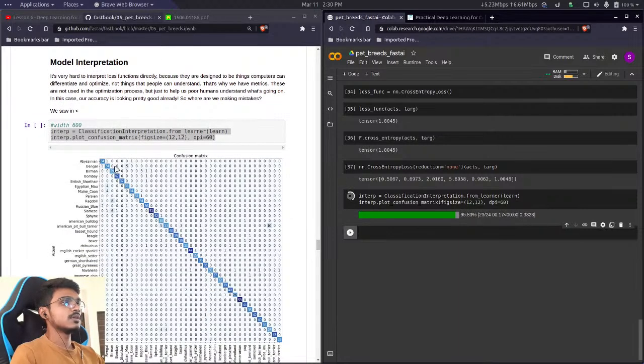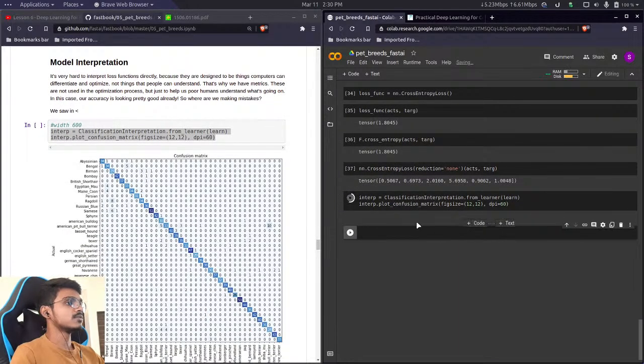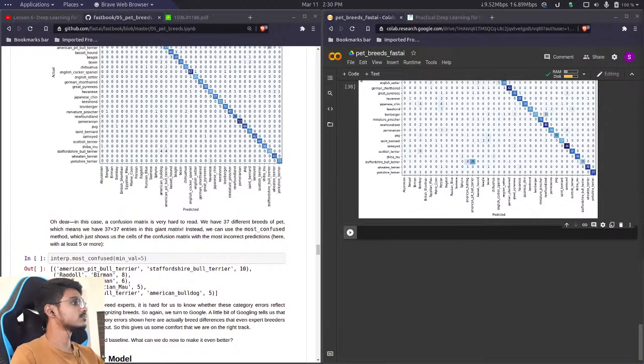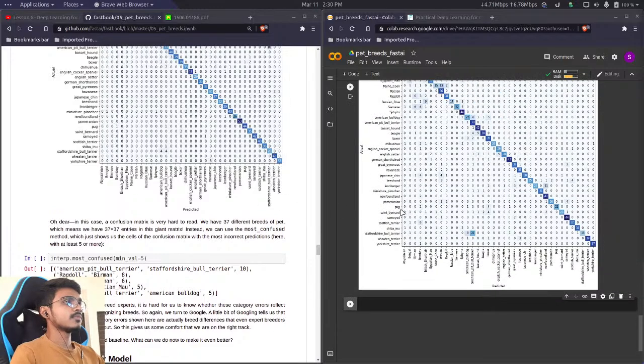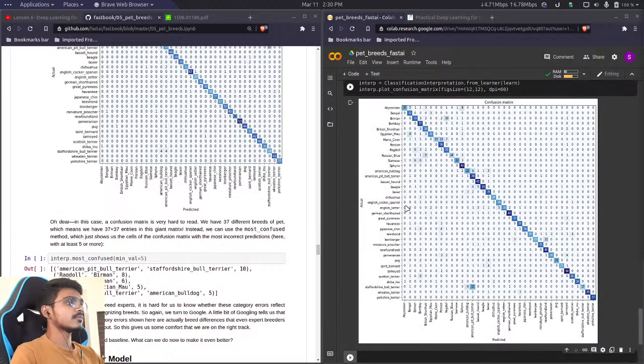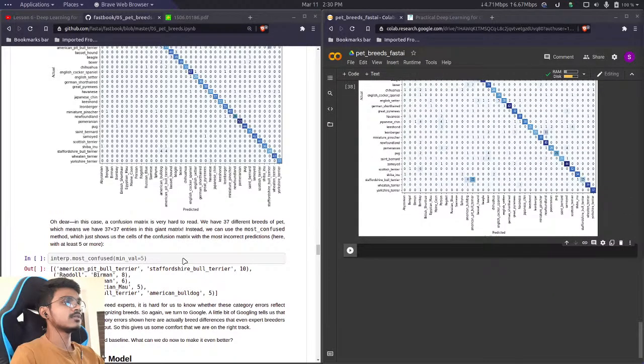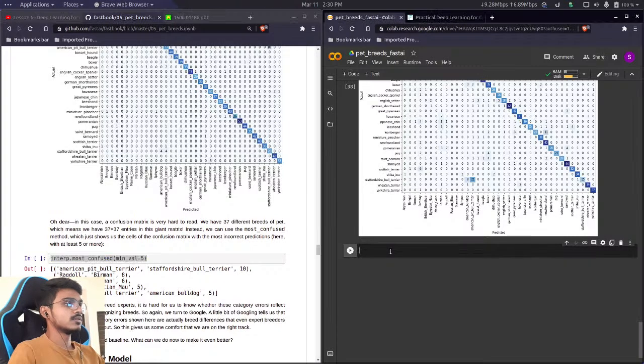It basically plots the confusion matrix, so that's it. So let's say in the model I trained, which are the most confused breeds.